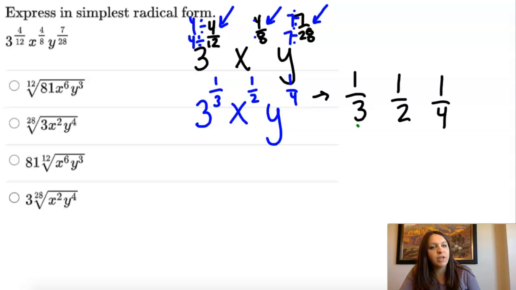So think about 3 times 2 is 6, but I can't get 4 to 6. 4 times 2 is 8, but 3 can't go into 8. 3 times 4 is 12, and I can get 2 to 12 by multiplying by 6. So that means my common denominator is 12.